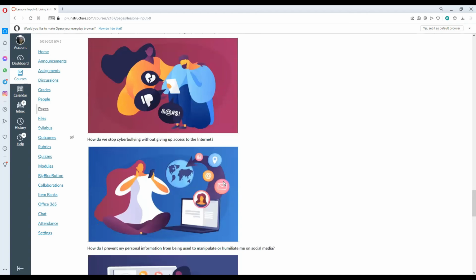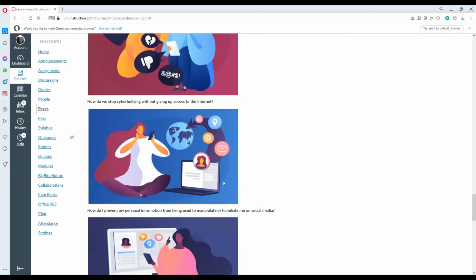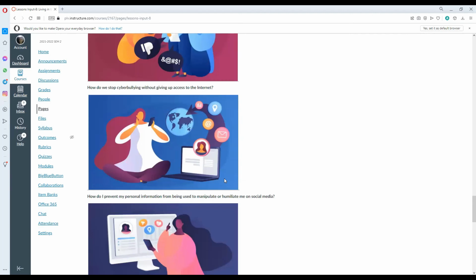How do we stop cyberbullying without giving up access to the internet? We must know the filters, the rules, and how to block certain individuals so that you can stop cyberbullying. Remember, we can also turn off comments or notifications when we are using social media sites.